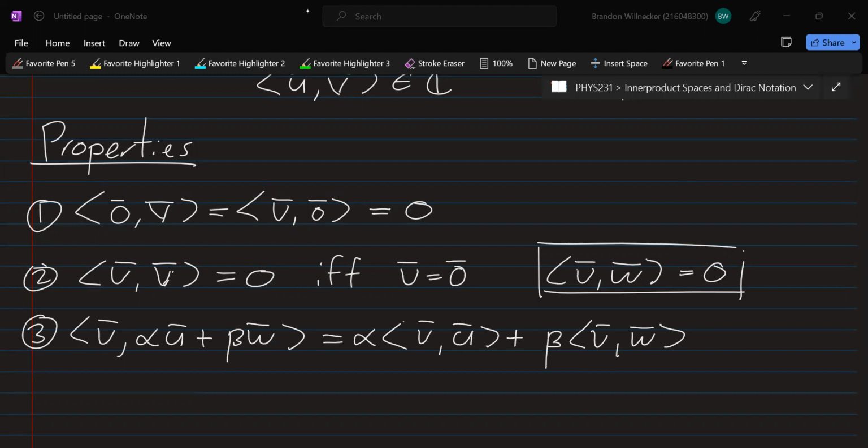The alpha we can take out of the inner product, the beta we can take out, and then we can separate it over the plus. We call that linearity.